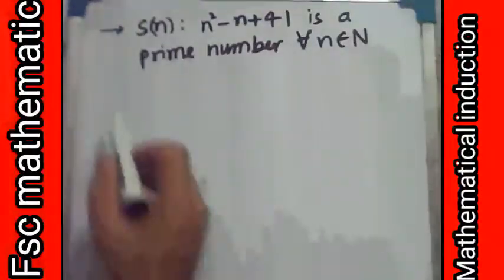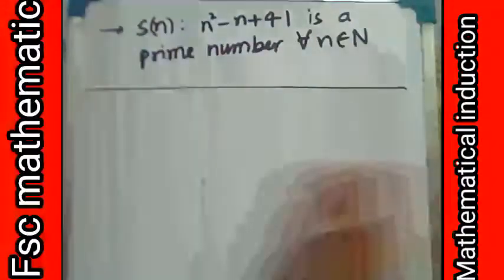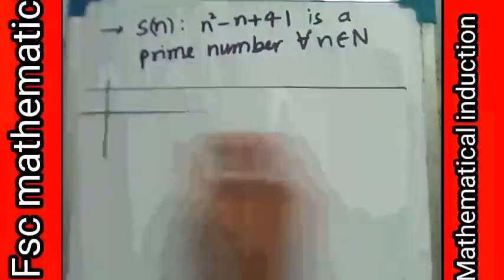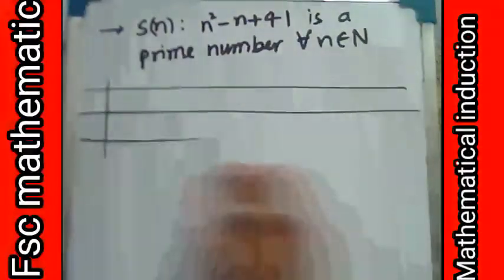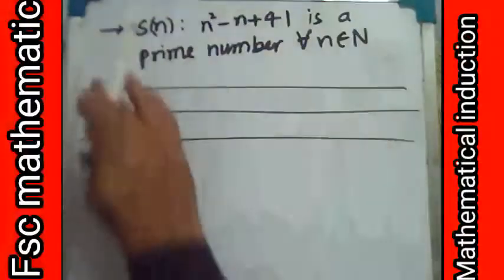In order to check this, we form a table where the inputs are natural numbers, and let us see what the outputs will be like.